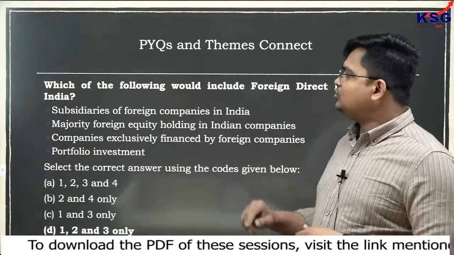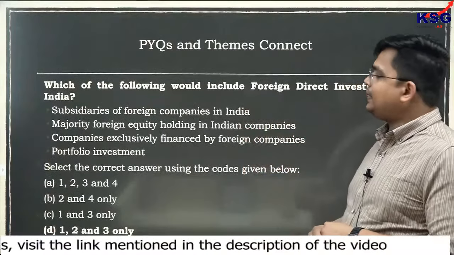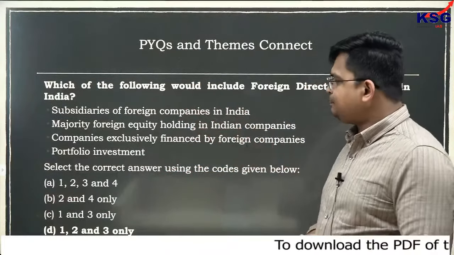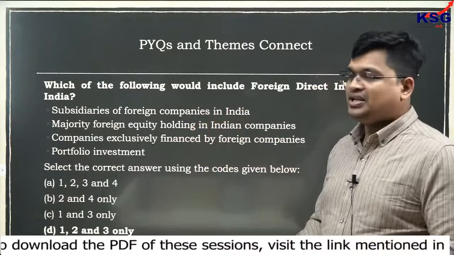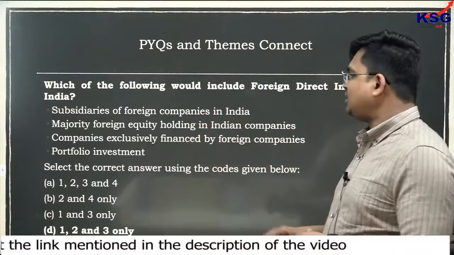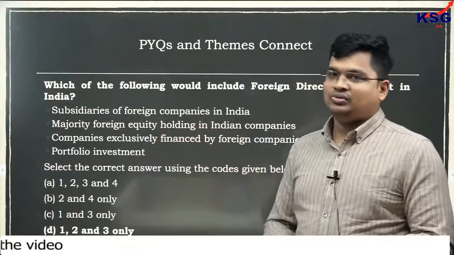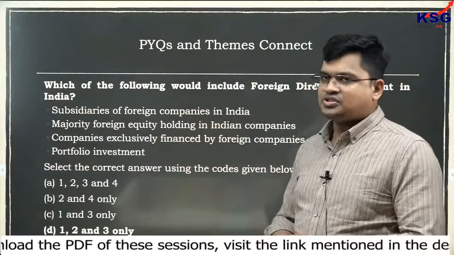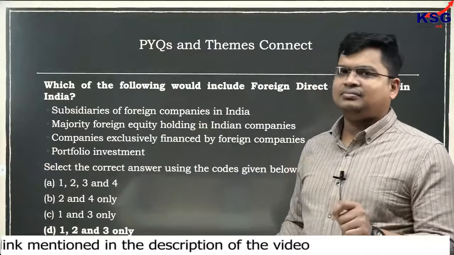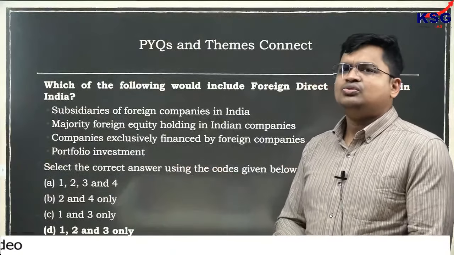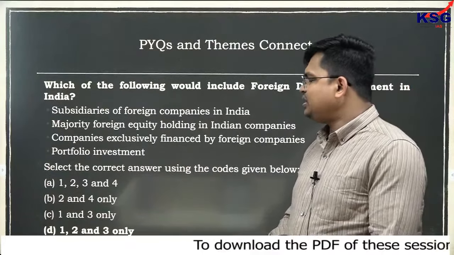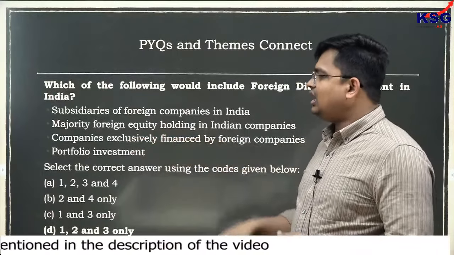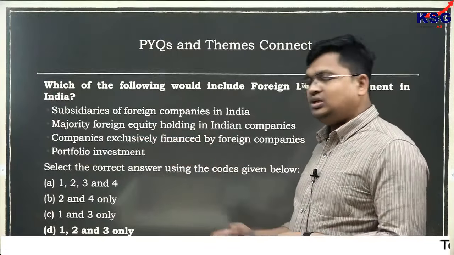Which one of the following would include FDI in India? The options are subsidiaries of foreign companies in India, majority foreign equity holding in Indian companies, companies exclusively financed by foreign companies, and the fourth one is portfolio investment. Even if you are not aware of all these options, if you have a little idea about portfolio investment, which we call foreign institutional investment or indirect investment, you can eliminate it, and the answer is 1, 2 and 3.